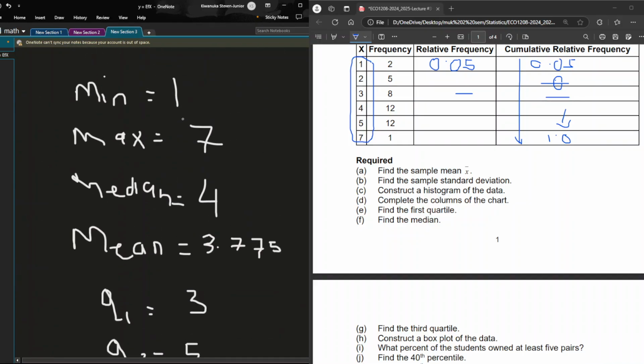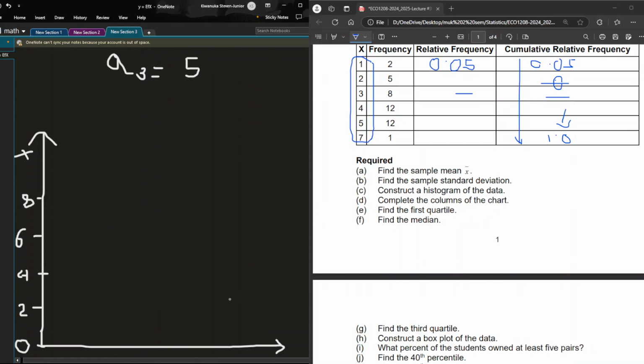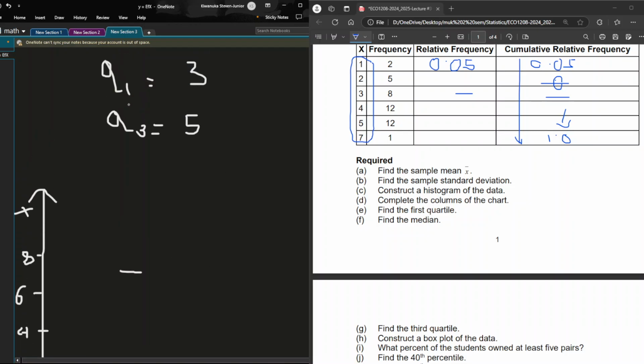Start with the min and max. Min is 1, max is 7. Min is 1, 1 is here like this. So we can put something like that. Max is 7, something like that. Then we come to our Q1 and Q3.